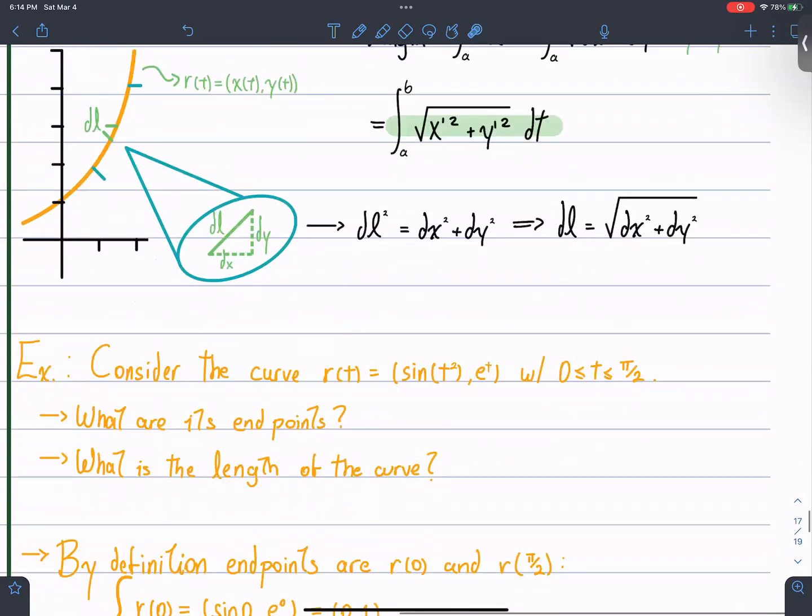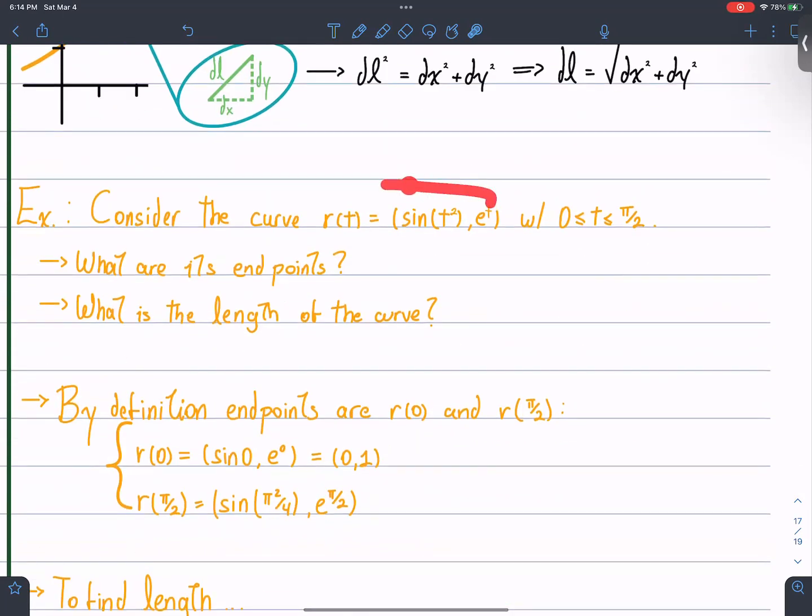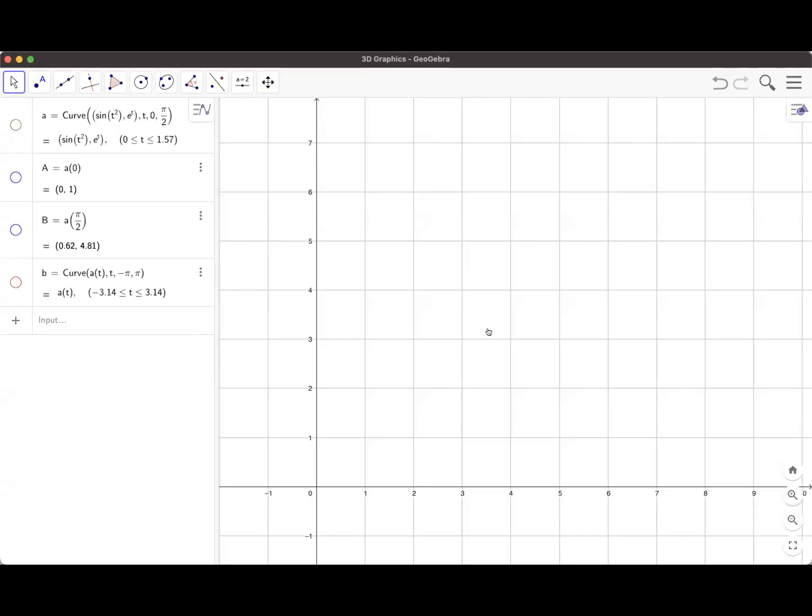Really quickly, let me show you an image of how this curve looks. We are now on the plane, and we will see the curve, which was r. It was sine t squared, e to the t from 0 to pi halves. This is the curve.